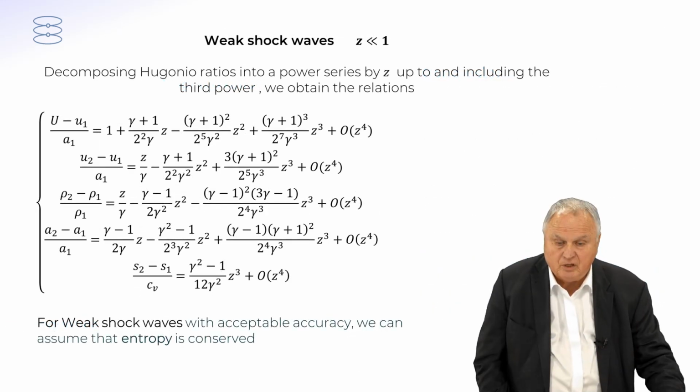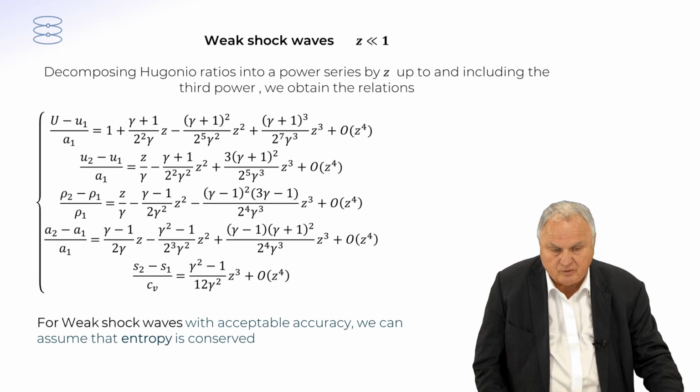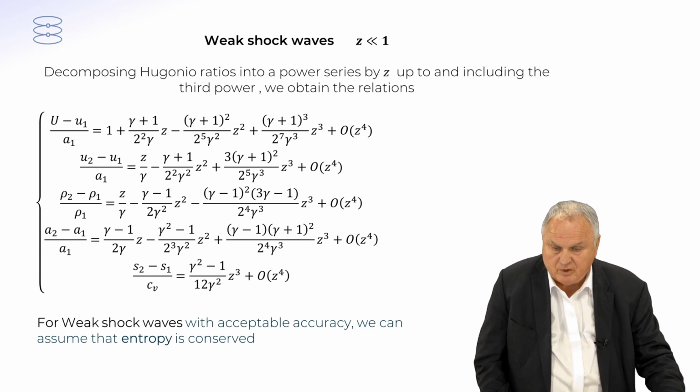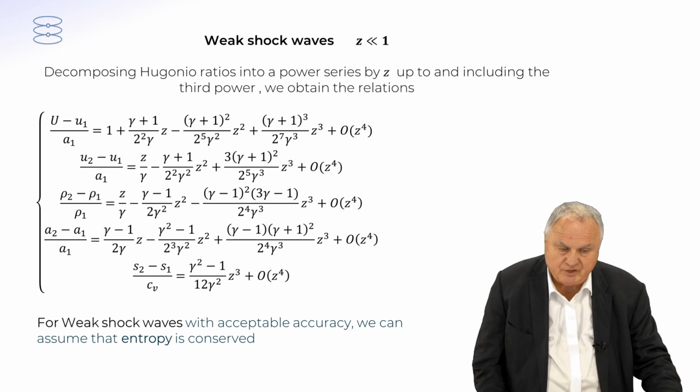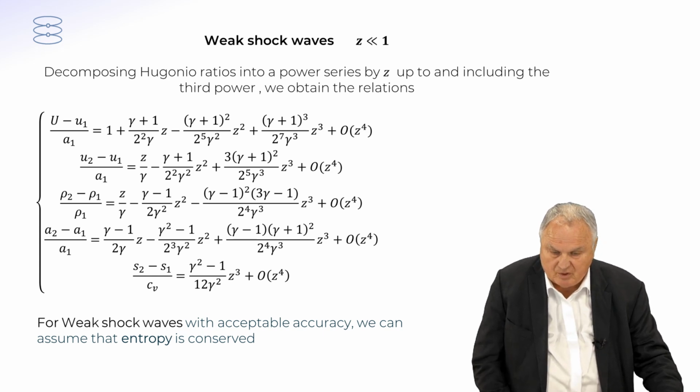Let's consider weak shock waves. In this case, the intensity of the shock wave is small. Z is very small. Decomposing the Hugoniot relations into a power series in Z up to and including the third power, we obtain these relations.